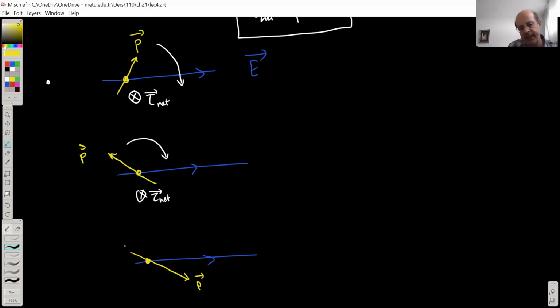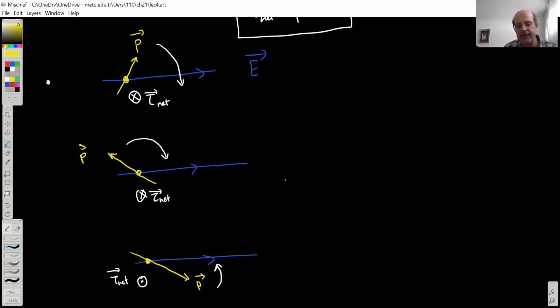In this case, the net torque is pointing out of the screen, which means this is going to rotate like that. Right, let me put the arrow sign in here.